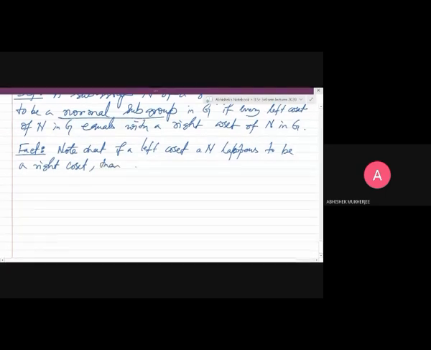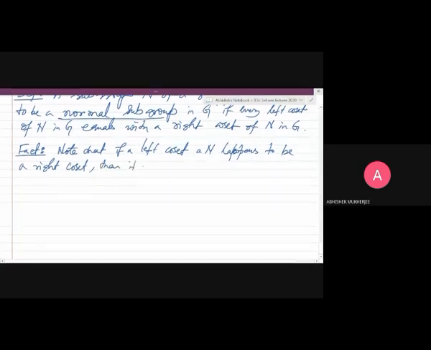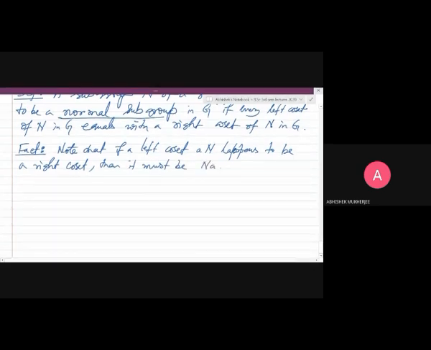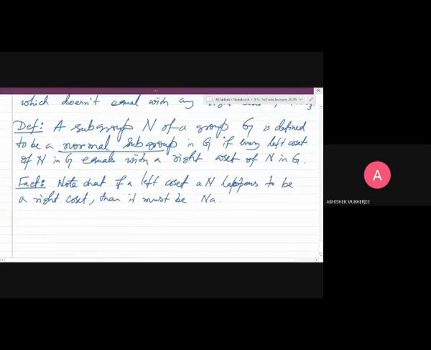then it must be Na. Okay, in our definition we have assumed that a subgroup is said to be normal if every left coset equals a right coset. But I am not saying that every left coset aN equals Na. But what I am saying is that every left coset equals some right coset.